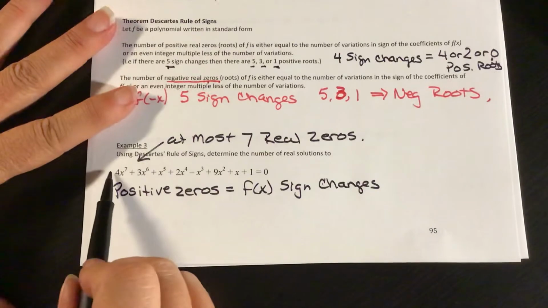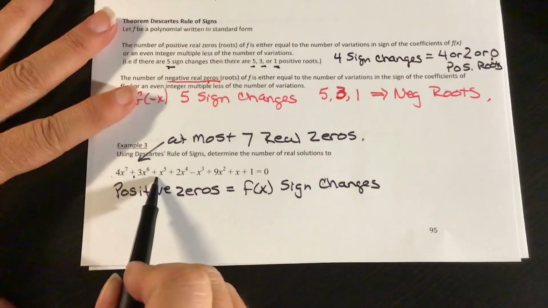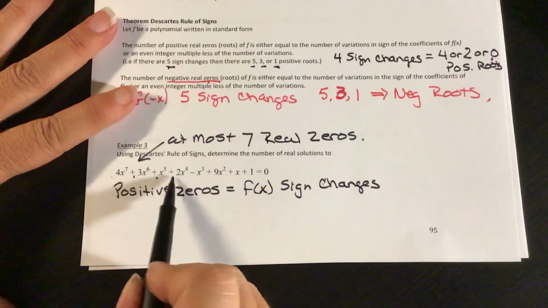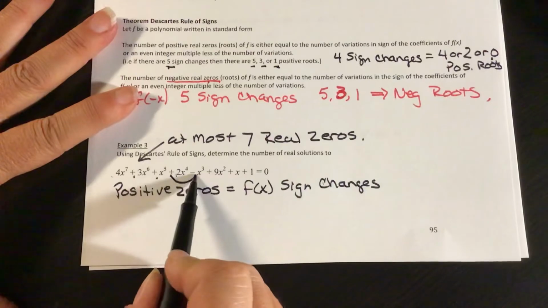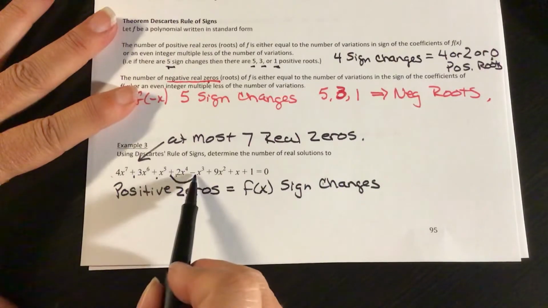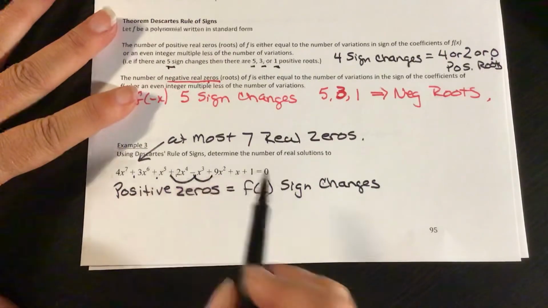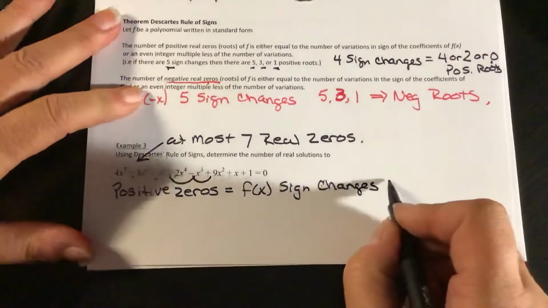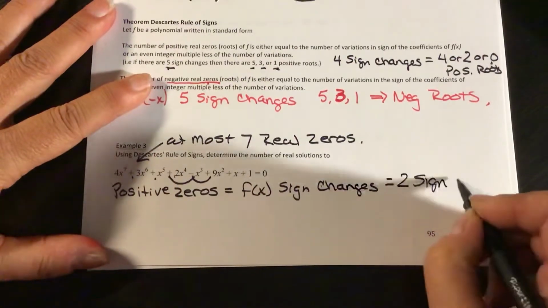So here I start with a positive 4, positive 3, positive 1, positive 2. I haven't had any sign changes yet until here. So positive to a negative to a positive, positive, positive, positive. So here I have 2 sign changes.